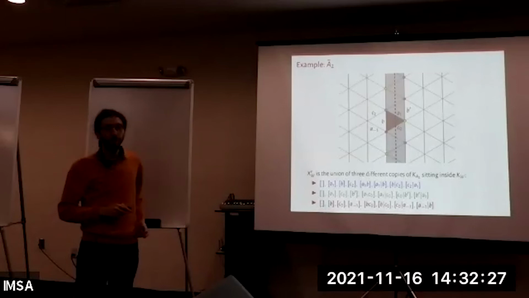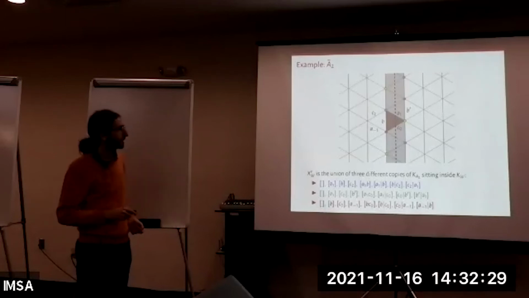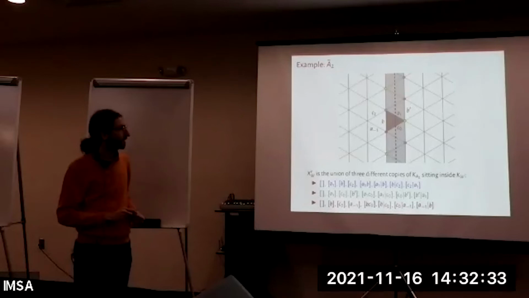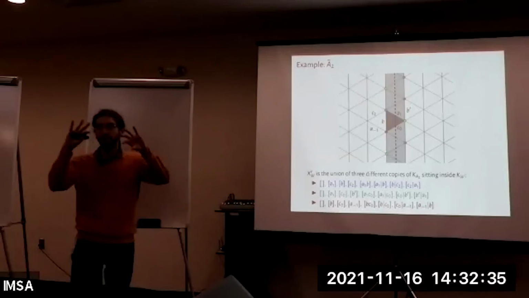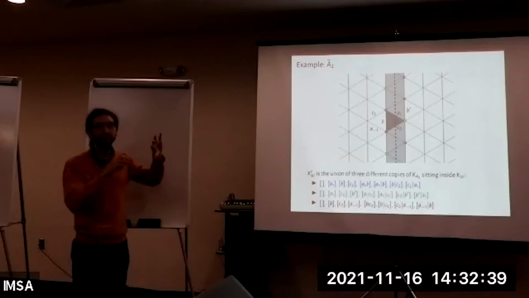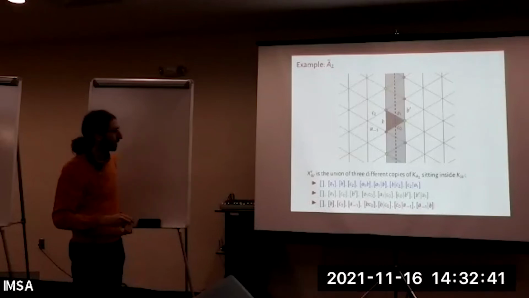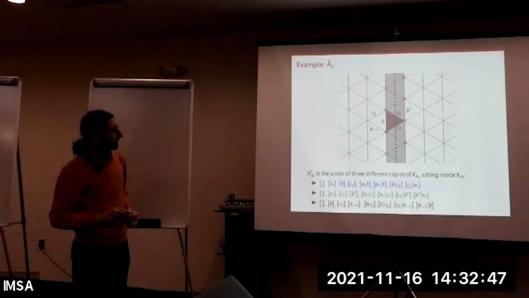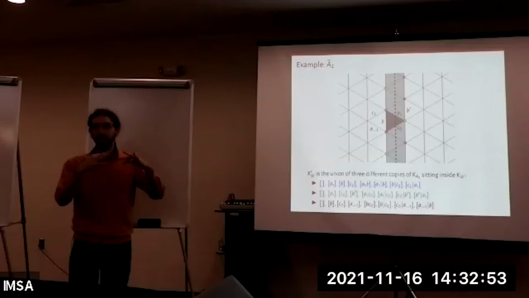You may remember from yesterday that the standard Salvetti complex in this case looked like 3 hexagons with some identifications. Here, instead of the 3 hexagons, we have 3 subcomplexes, blue, green, and red, which correspond to these 3 points here, and they intersect a little bit.